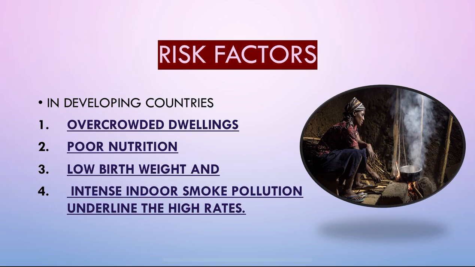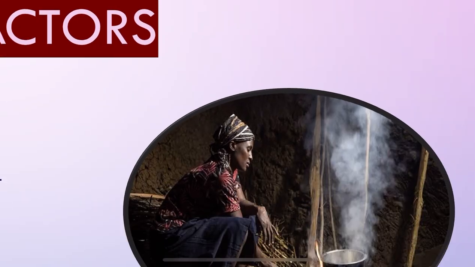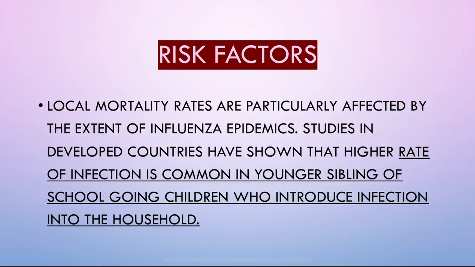And intense indoor smoke pollution underlies the high rates. Because of indoor smoke pollution, they get a lot of respiratory tract infections. Local mortality rates are particularly affected by the extent of influenza epidemics. So the local mortality rate will depend upon the epidemic, especially the influenza epidemic.